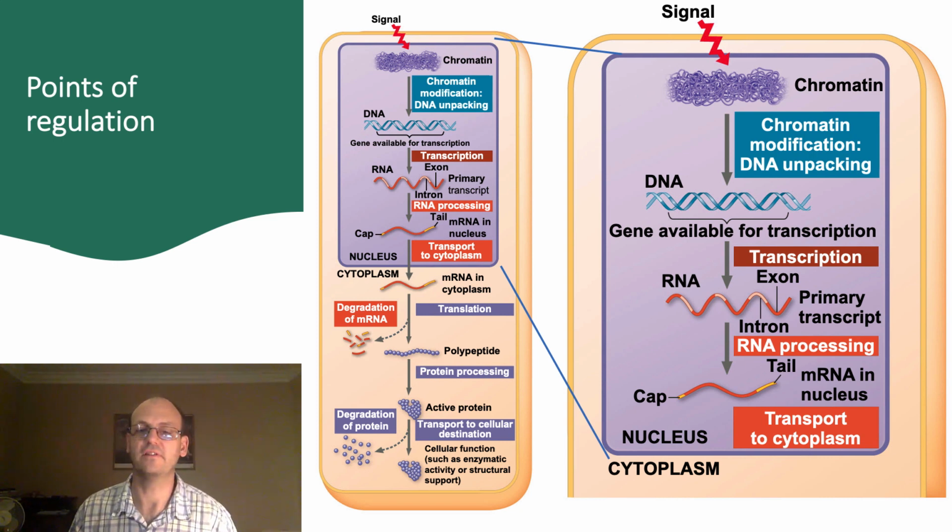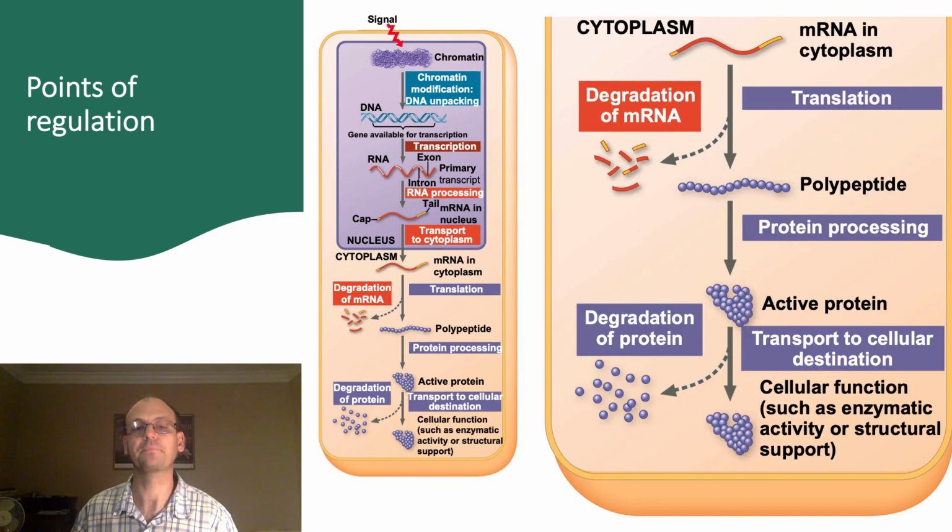Within the nucleus of the cell, the packaging of chromosomes can greatly influence how frequently the DNA is transcribed. Once it's been transcribed, various ways of processing the transcript can lead to different mRNA molecules that are exported from the nucleus to the cytoplasm.